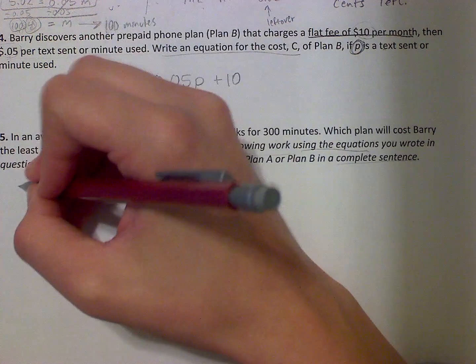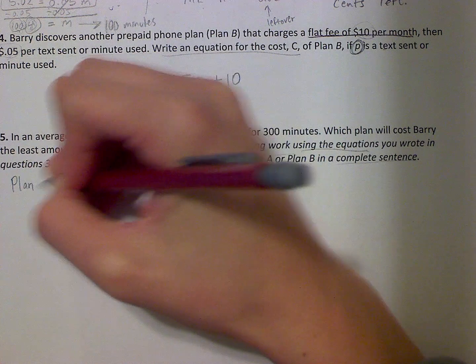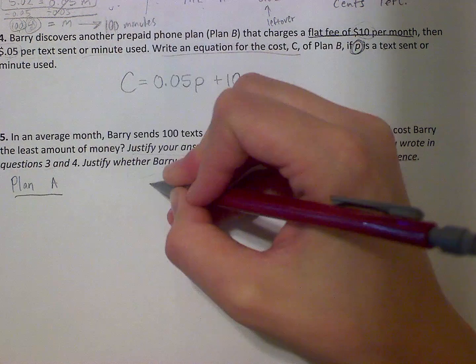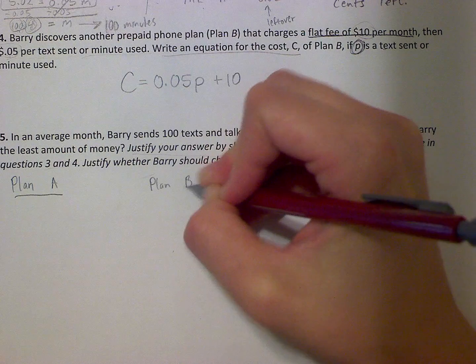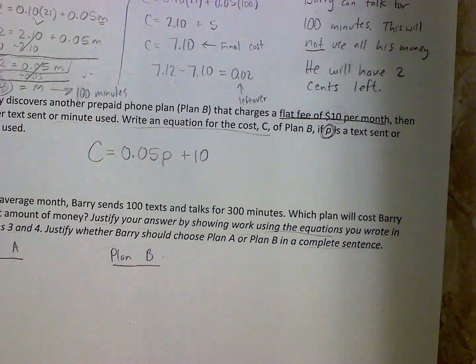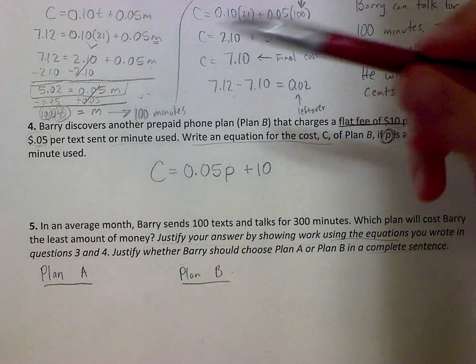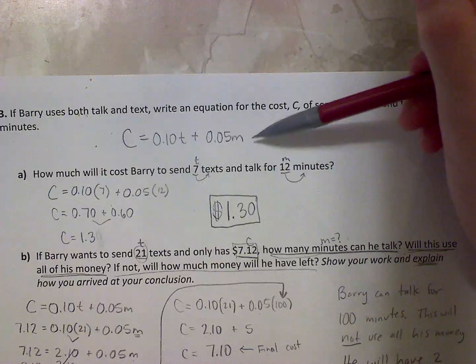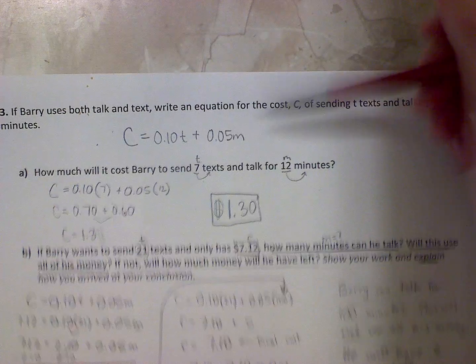So first, let me make sure my work is organized. I'm going to write plan A, plan B. Okay, now plan A uses this equation from number 3, and my equation for number 3 is this, right? That's plan A, and so I'm just going to copy it.